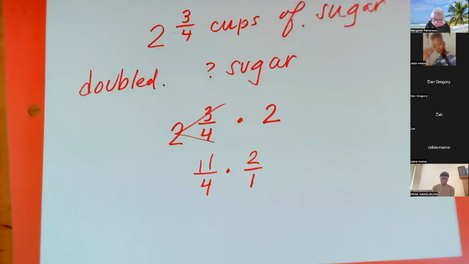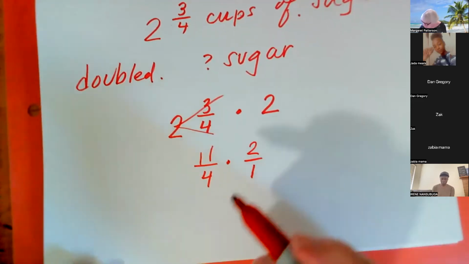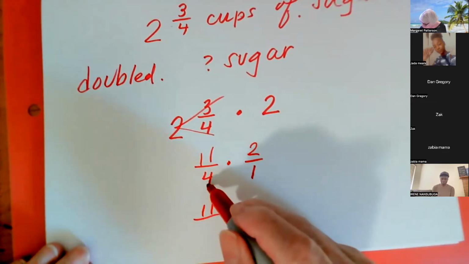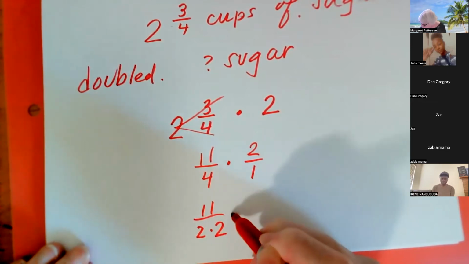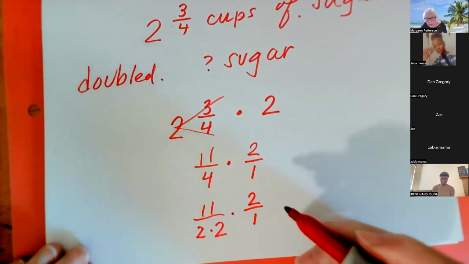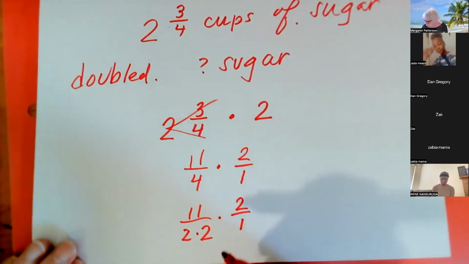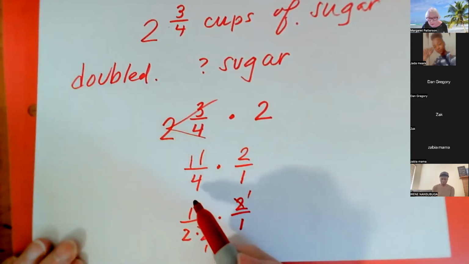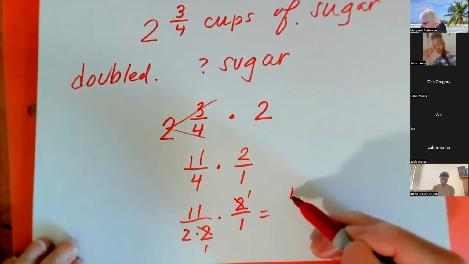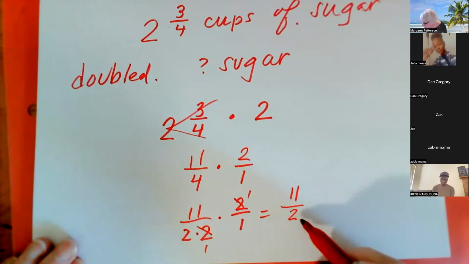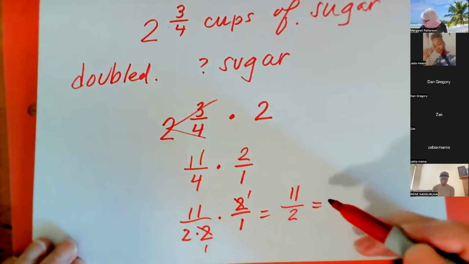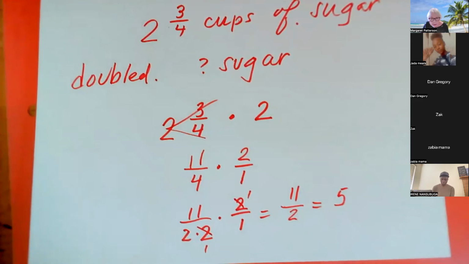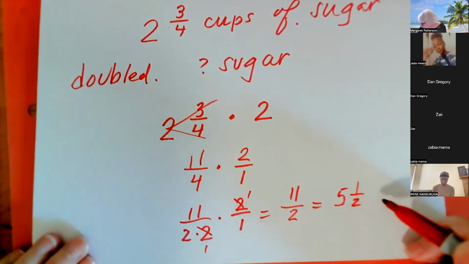So we still don't know how much sugar yet, but we're getting there. So this 4 is really 2 times 2. This is 2 over 1. If you like this method, you could take out a pair of 2's, which would leave you 11 times 1 is 11, and 2 times 1 is 2. 2 into 11, this is 5.5 cups.